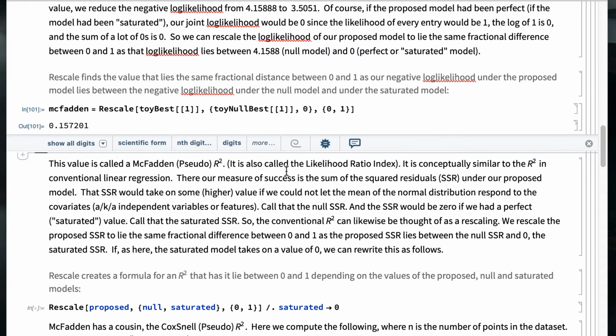Then we look at how well our model did with respect to the sum of squared residuals, and basically the R-squared is how far along the way to perfection on that scale we got. So it's really the same concept. That's why it's called a pseudo R-squared. The difference is that we're not using squared residuals here. We're using log likelihoods. Okay?